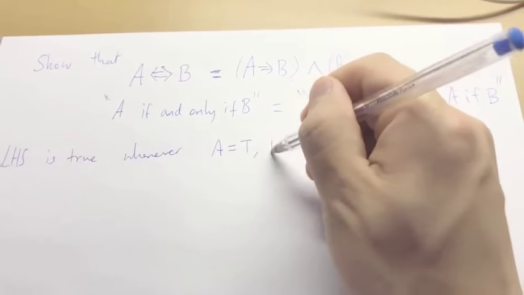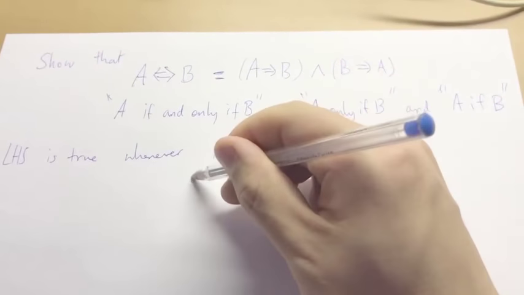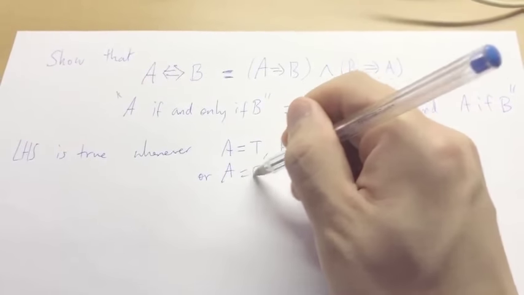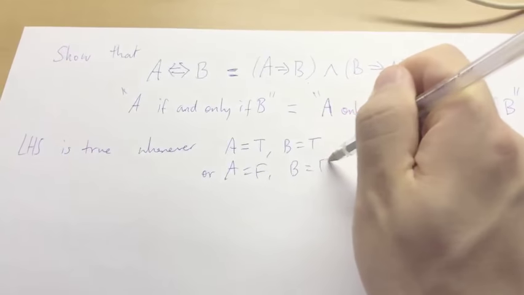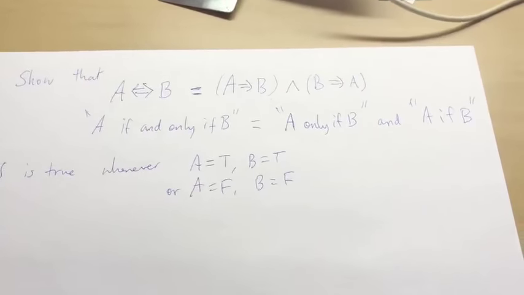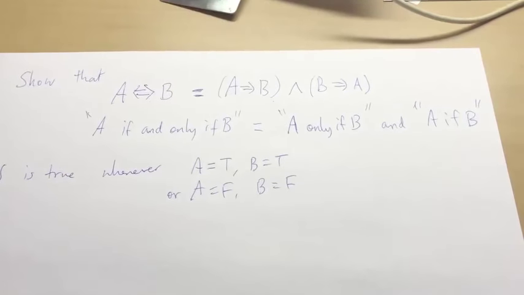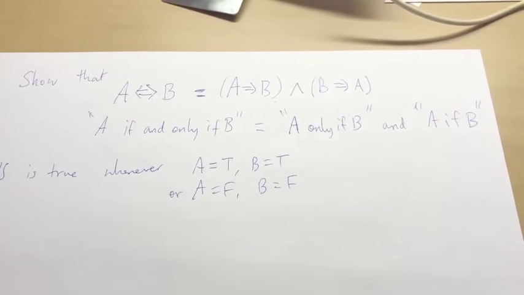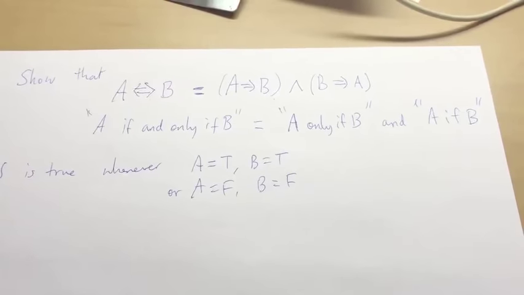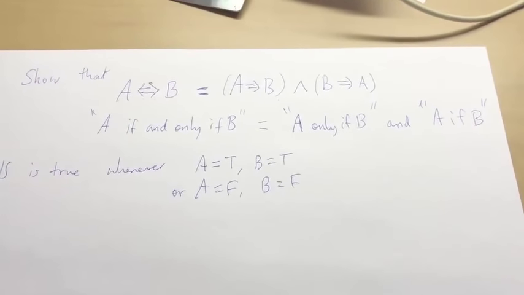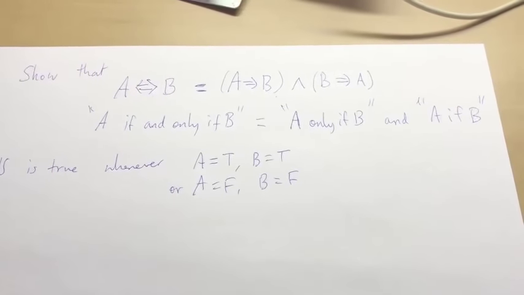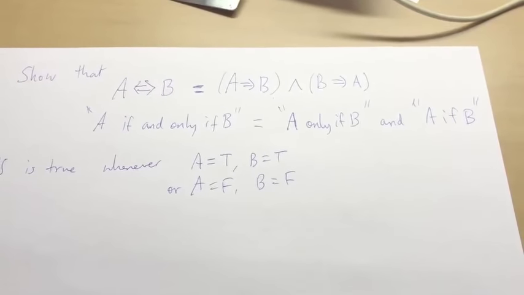So A is true, B is true, or A is false and B is false. But true implies true is a true statement, and false implies false is a true statement.